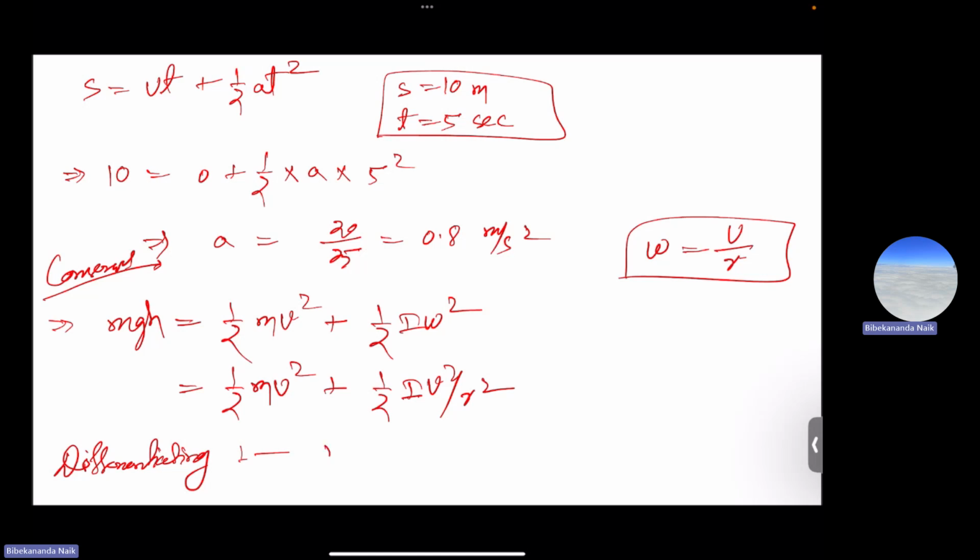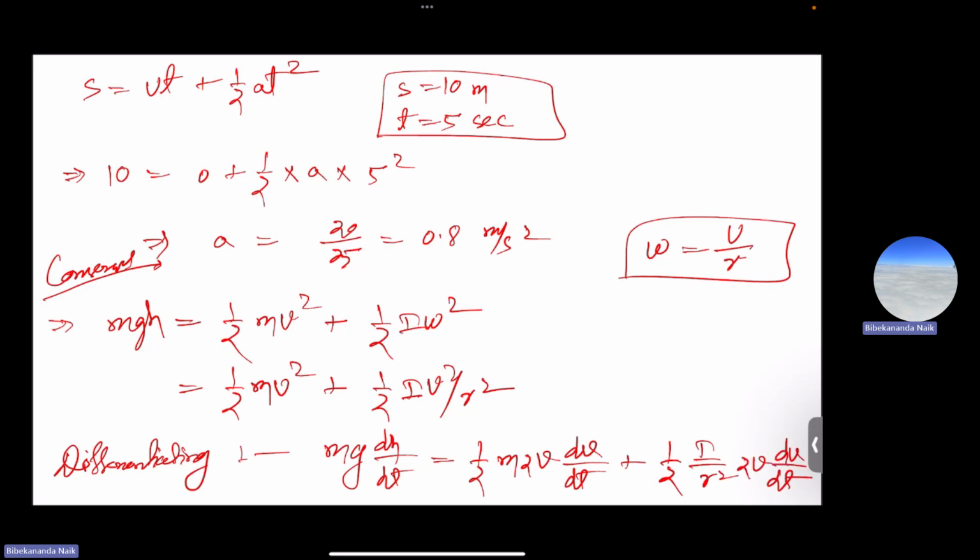if we differentiate, it will be mg dh by dt equals to half m 2v dv by dt plus half I by r square 2v dv by dt.